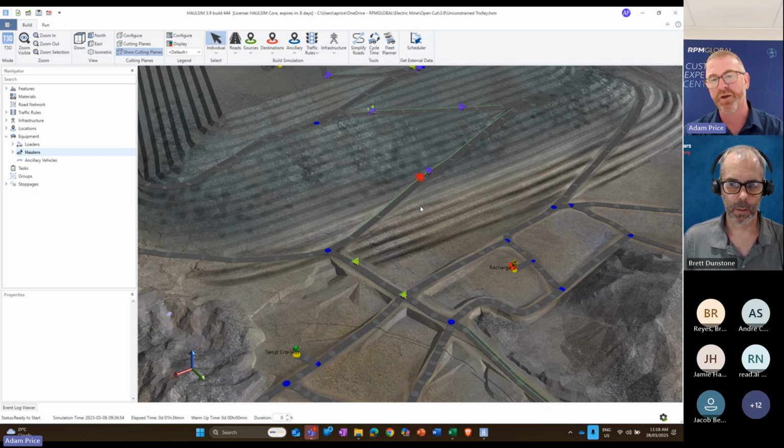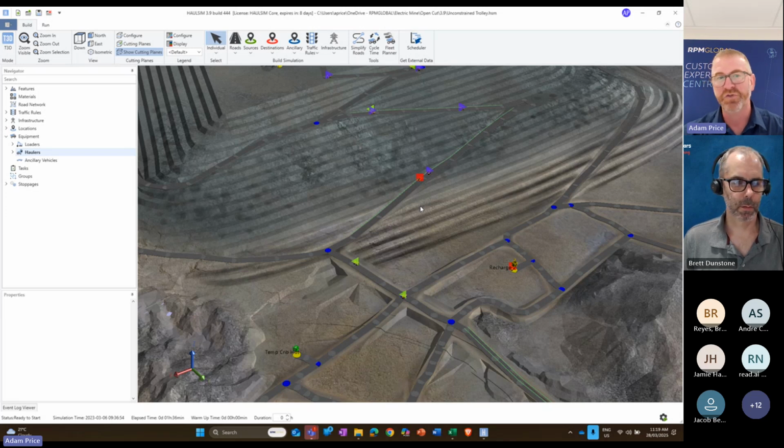We can also capture exactly when those events are happening at the mine site, so we can build a typical day at a mine site, and then help everybody understand what the power requirements are going to be at that operation.